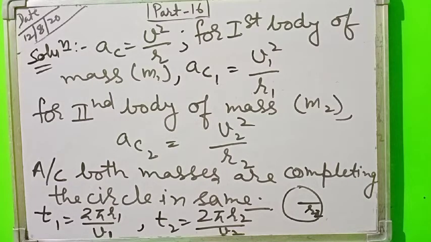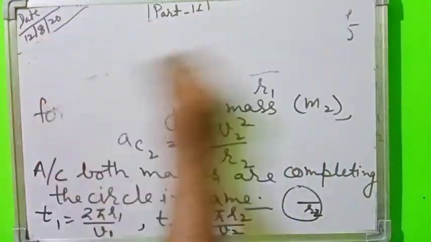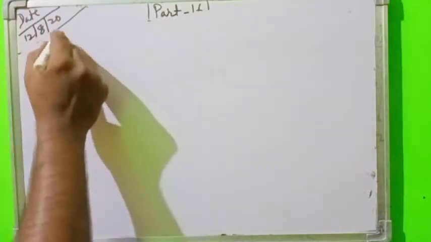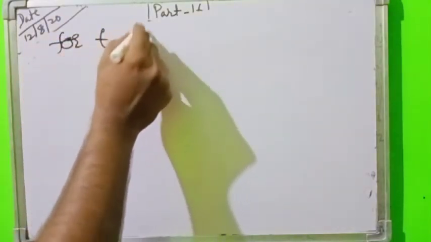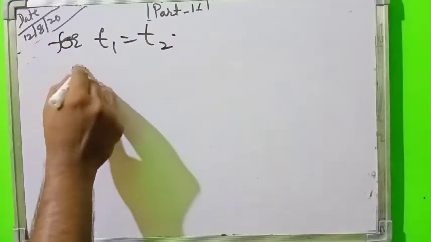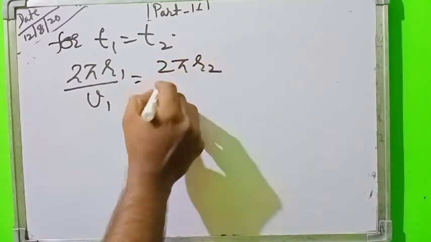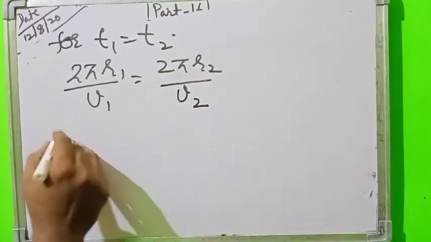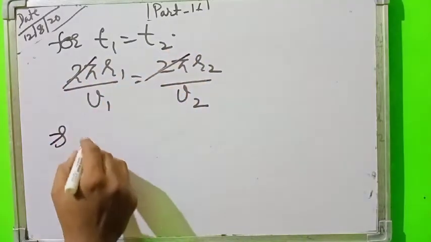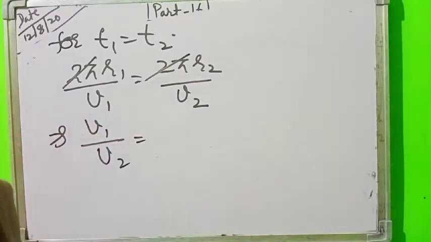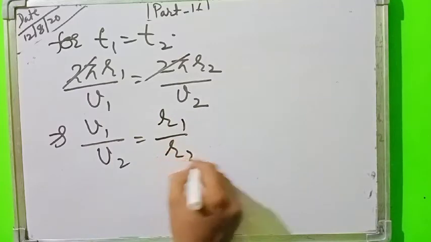So t1 is equal to t2. So 2 pi r1 upon v1 is equal to 2 pi r2 upon v2, and from here 2 pi cancels out, and v1 upon v2 is equal to r1 upon r2.